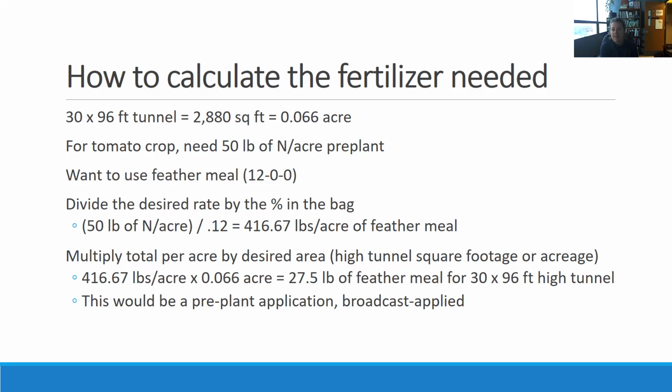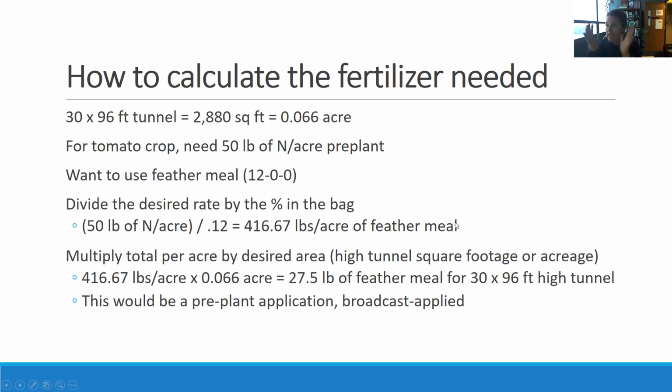So you're going to divide the desired rate by the percent in the bag. So 50 pounds of nitrogen per acre, right? That's your rate. That's what you're trying to hit, divided by this percentage of the bag, 0.12, is going to give you 416 pounds per acre of feather meal.